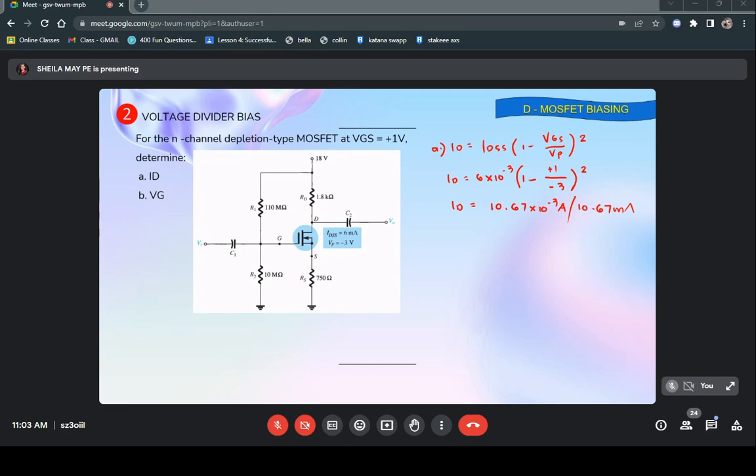We have our K. So ID is 0.12 milliampere per square volt times our VGS, which is 12.5 minus VGS TH at 5.